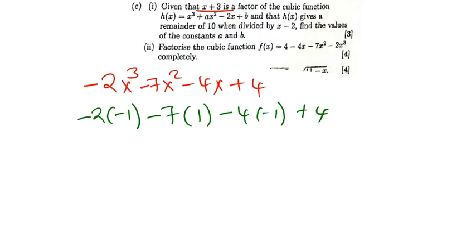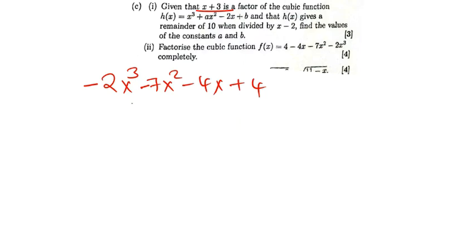So -1 has refused, try a 1. Everything remains as they are, just ignore x. Of course not. That's a -9. Let's try a 2. -2 to the power 3, that's -8. -7 to the power 2, that's a 4.